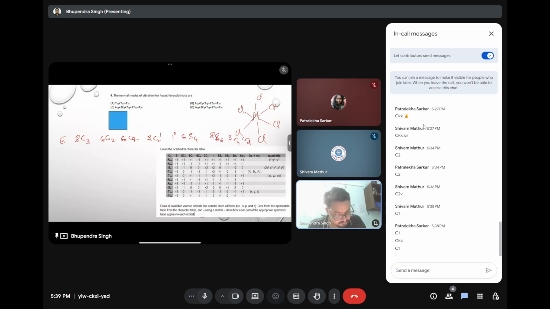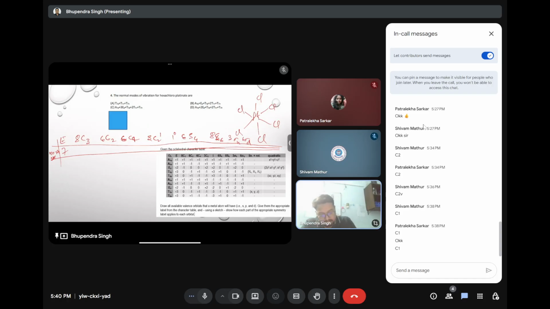Sigma D, 6 sigma D. Okay, so number of atoms not changing, right? So for E, there are 7 atoms which are not going to change.